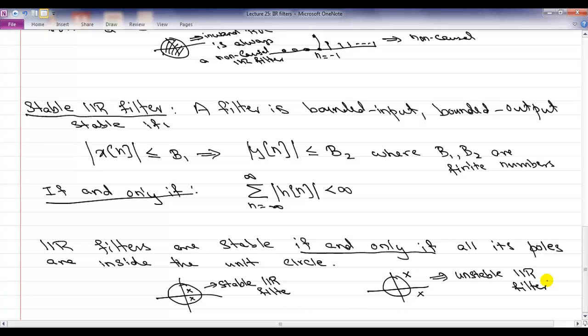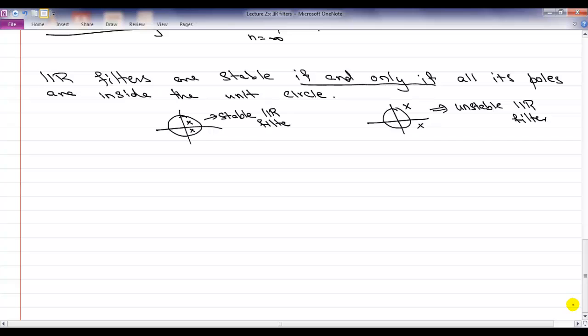Whereas if any of the poles is in the right half plane, then you have an unstable system. So this discussion is once again the case where the Z transform gives you a lot of information that you don't really have to check. You don't have to go in and, for example, do the summation of your impulse response. Just look at the pole locations and you know whether you have a stable system or an unstable system.